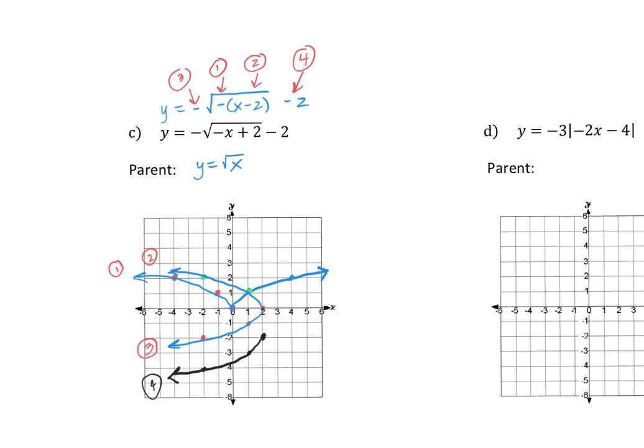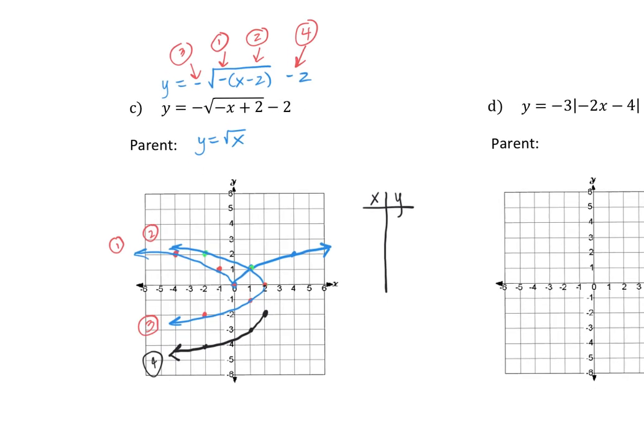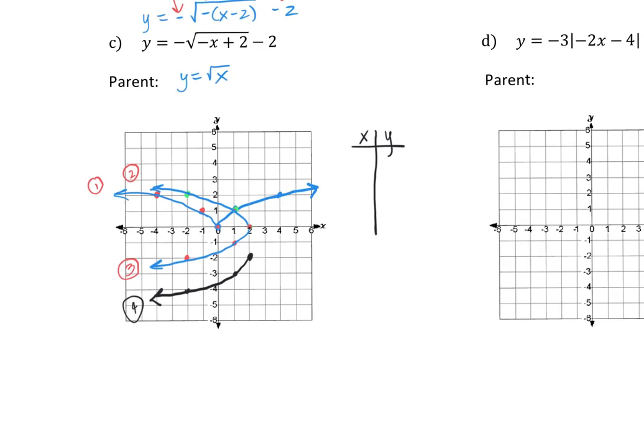Whew, let's double check this. It'd be much easier if you graph this in a graphing utility to double check, but we're going to double check it by hand. All right, so if x is 2, I should get a y value of -2.